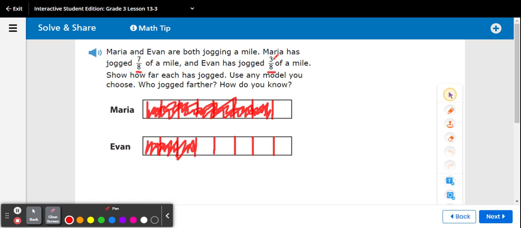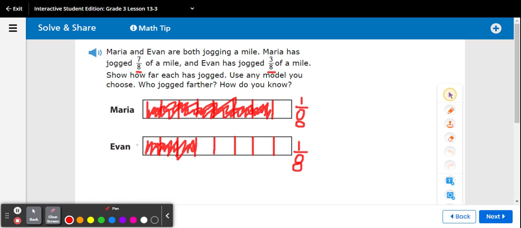And over here, my numerator says I have 3. So since they're all broken up into eighths, if they're all the same size, equal parts, then of course having 7 of them is going to be greater than having only 3 of them.